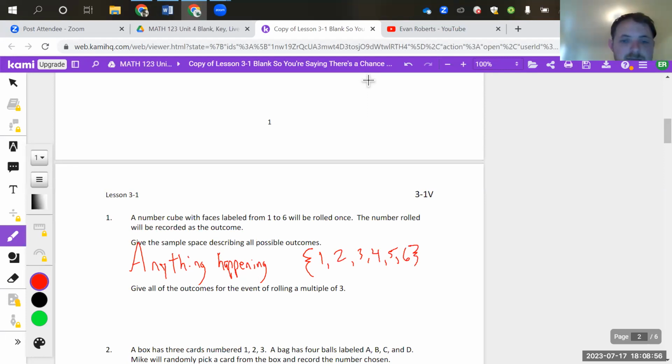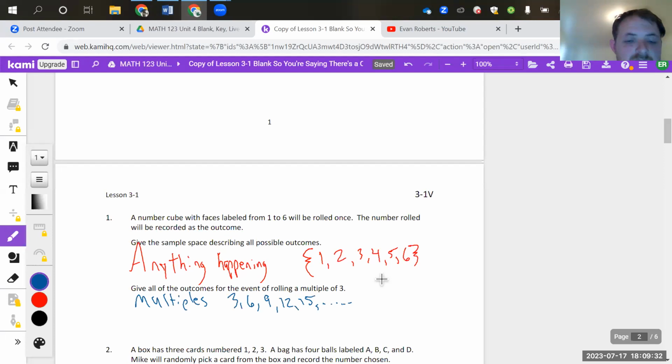And so if we're looking at all the outcomes for the event, rolling a multiple of 3. And so again, I don't really love the word outcome because it's not that helpful. But those multiples of 3, so a possible outcome in general would be multiples of 3 are just 3, 6, 9, 12, 15, all the way forever. But you don't have an infinitely sided die.